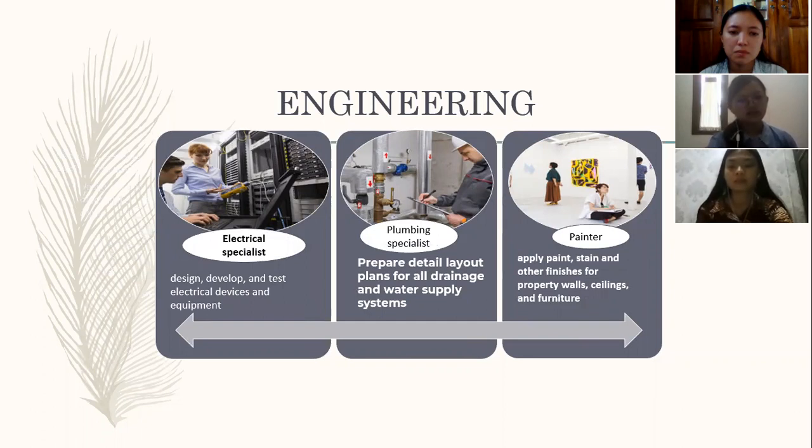The staff that belong to electrical specialists include communication systems, power generation, motor and navigation systems, and electrical systems for automobiles and aircraft. They also oversee the manufacture of these devices, systems, and equipment.